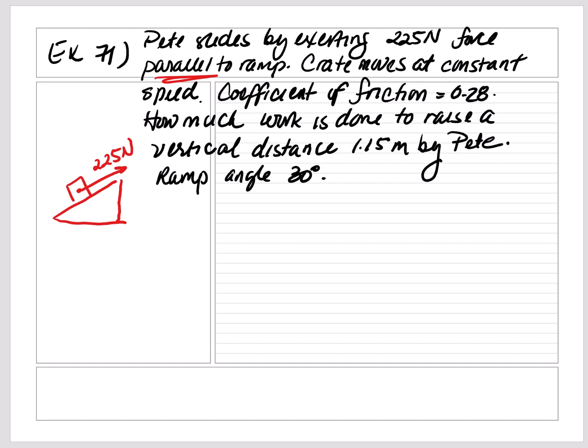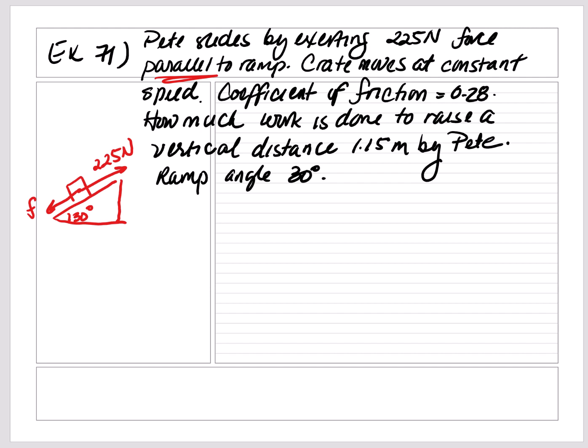The crate moves at a constant speed. There's a friction in the opposite direction with 0.28. How much work is done to raise a vertical distance of 1.15 meters by Pete? The ramp angle is 30 degrees.